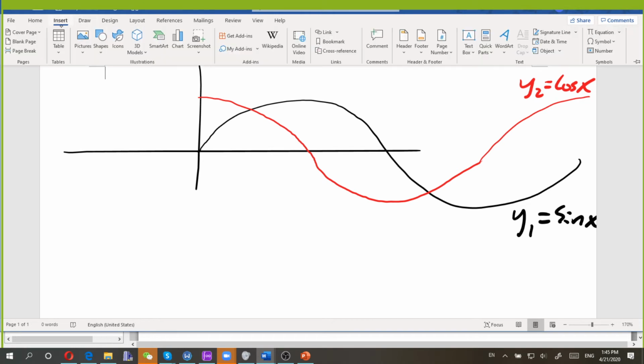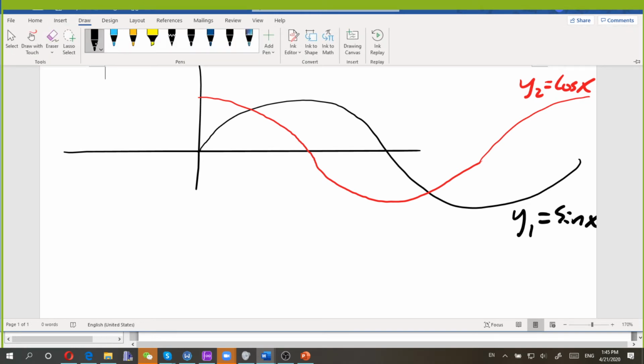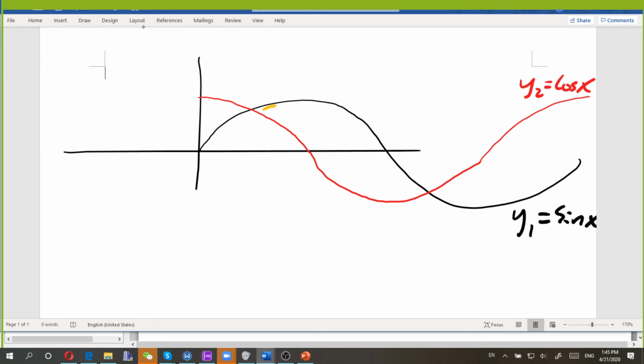And I want to take the area in this region, which we'll call region R.